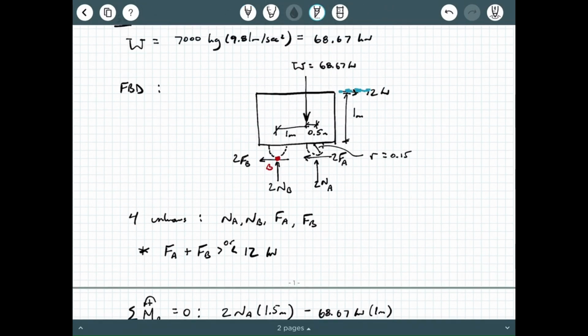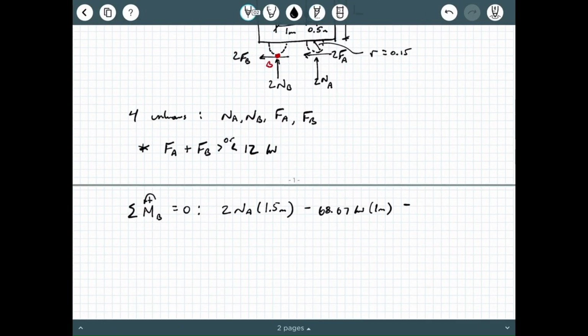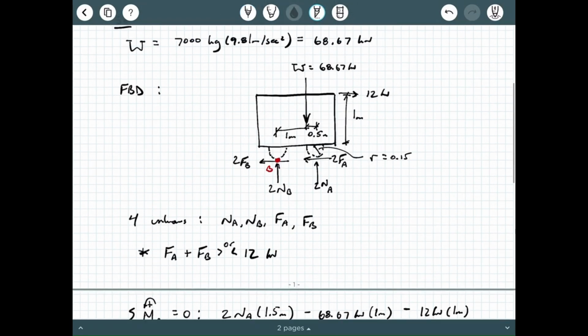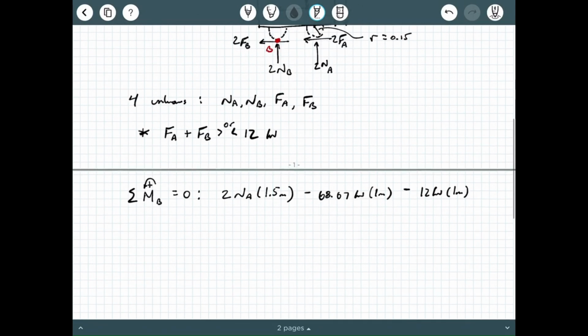Yep. Times 1 meter, okay? And then what about that 12 kilonewtons? Yeah, that's causing a rotation about point B. So that'll be minus 12 kilonewtons, also times 1 meter. It's at a 1 meter height here. All right, and then we're going to say that equals 0.